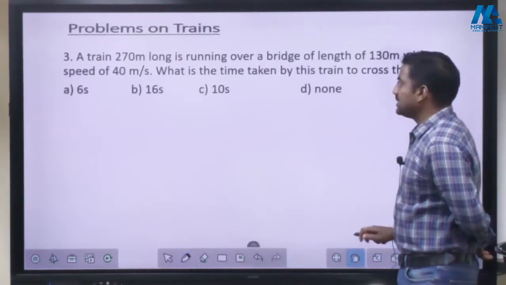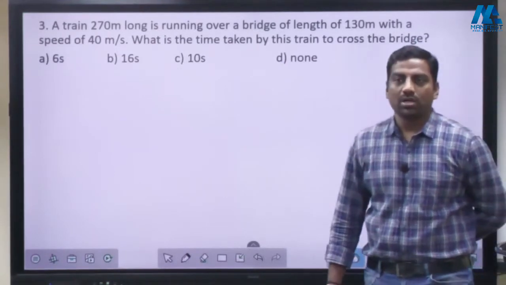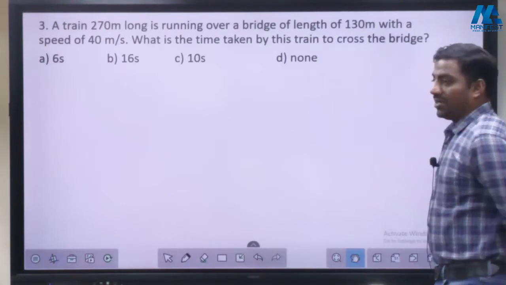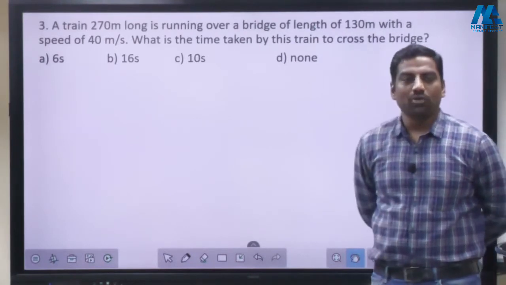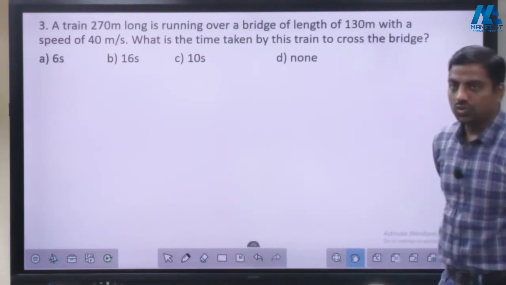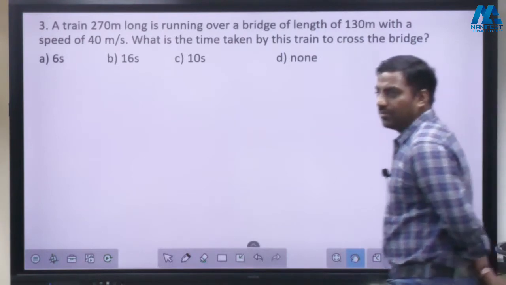A train 270 meter long is running over a bridge. See, here we have come across the bridge of length 130 meter. See, suddenly your mind should be calculating. One is length of the train, other length of the bridge. So 270 plus 130. What is the speed of the train?